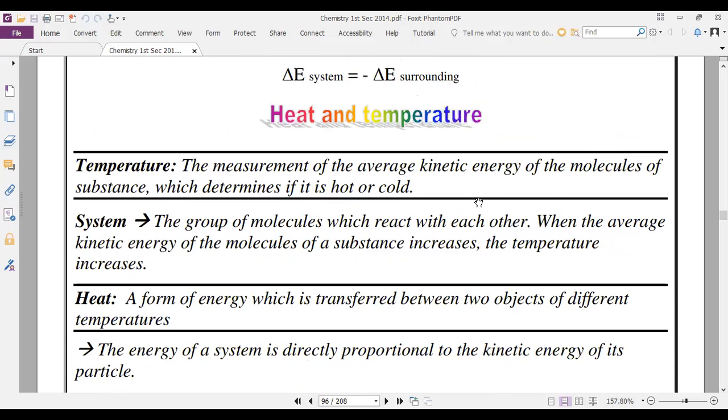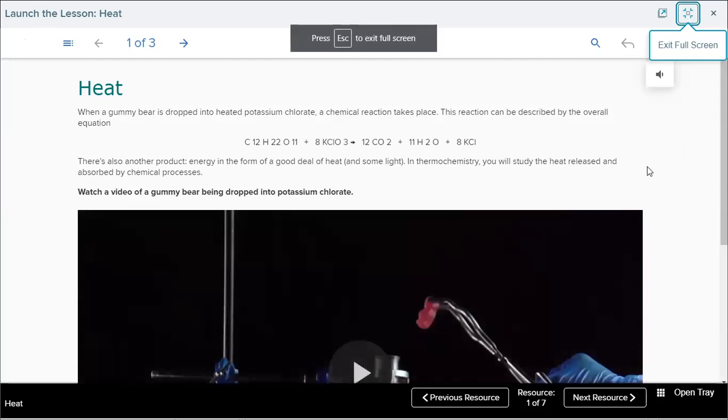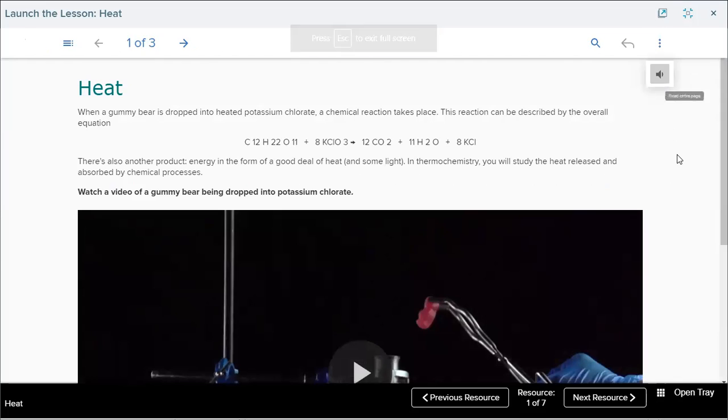Right. What about heat and temperature? Okay, try to listen to this part, Mariam, please. Heat. When a gummy bear is dropped into heated potassium chlorate, a chemical reaction takes place.